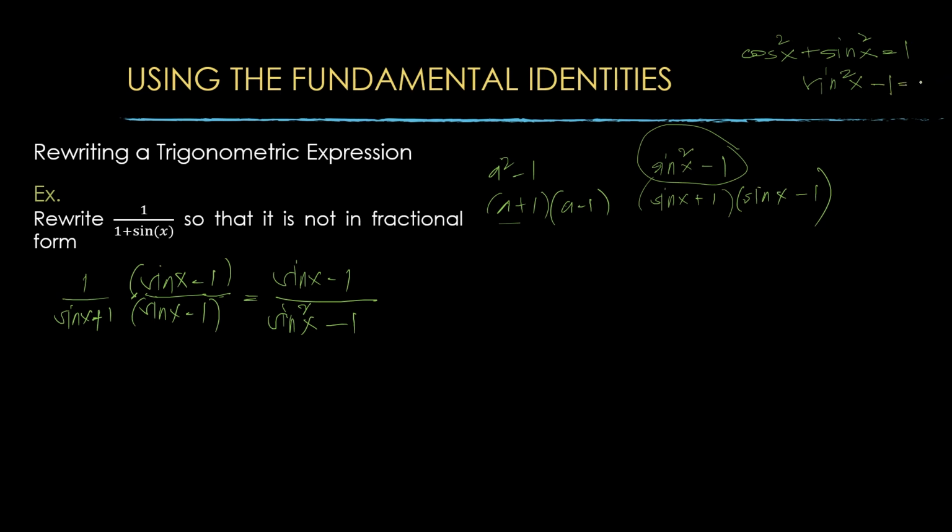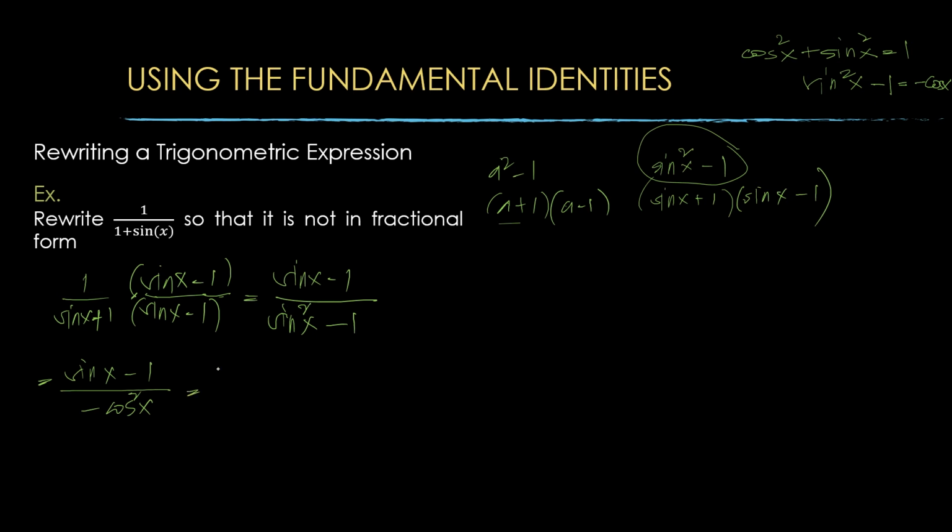Negative cosine of x squared. So, therefore, this is equal to sine of x minus 1 over negative cosine of x squared. This should be squared, sorry.